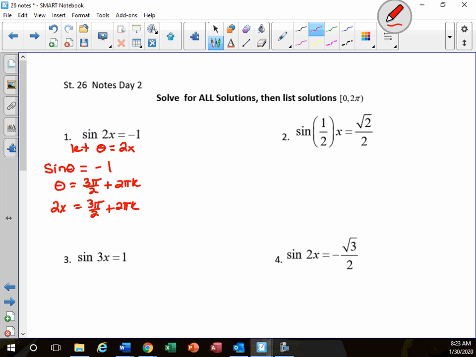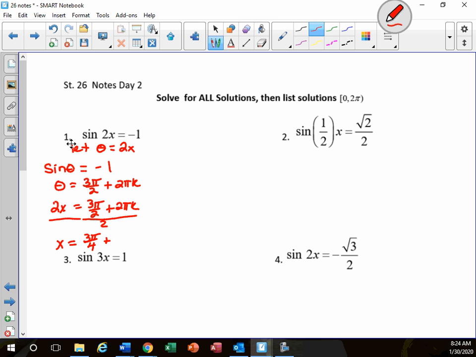All right, then we have an equation with an x in it that we can solve for. How do I get the x by itself? Divide everything by 2, right? All right, so I've got x. What is 3 pi over 2 divided by 2? Good, yes.